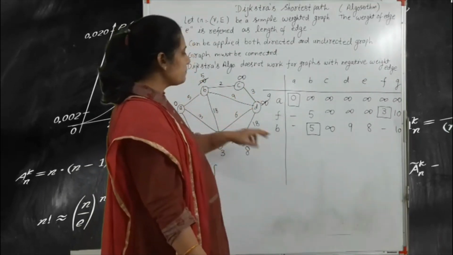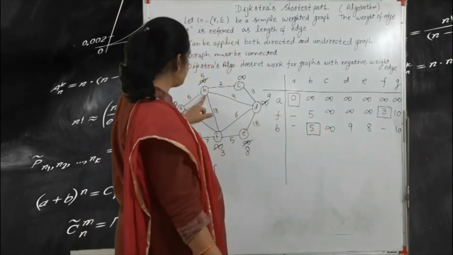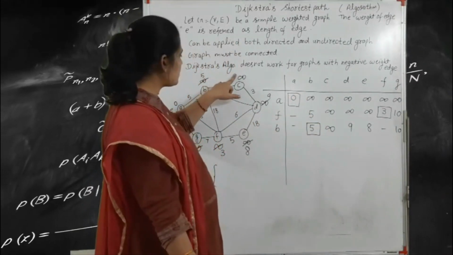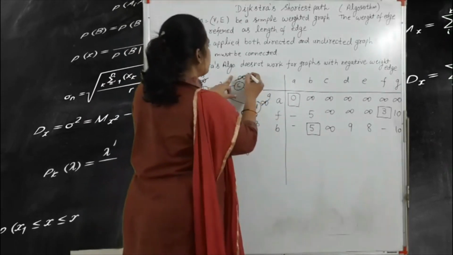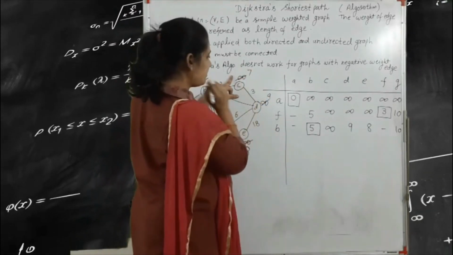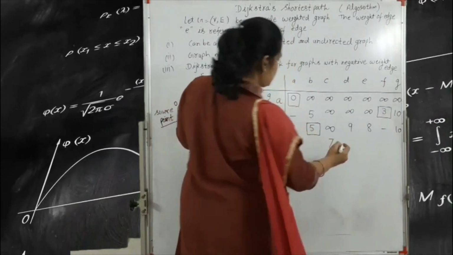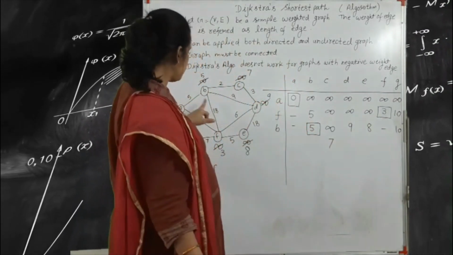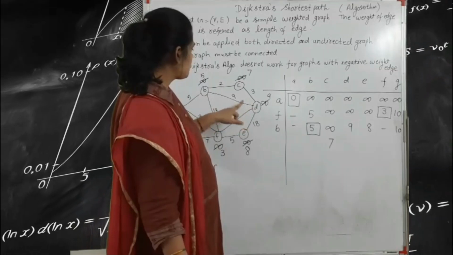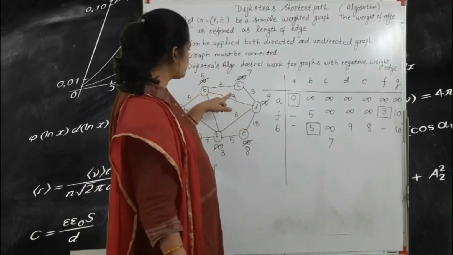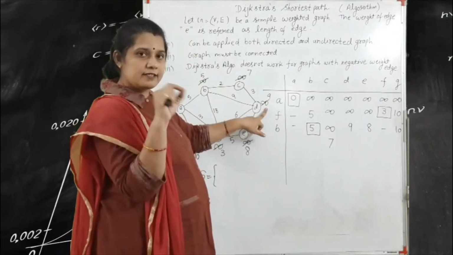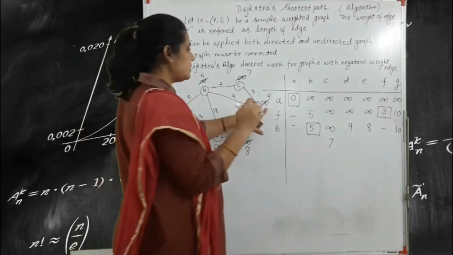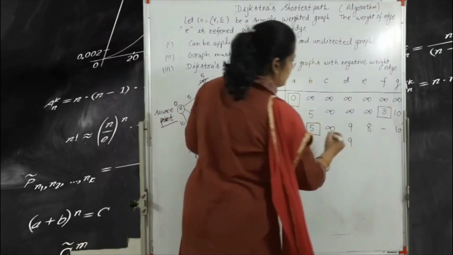Okay, so here B to C, that means 5 plus 2, 7, and here is the infinite value, so obviously 7 is less than infinite, so we write here 7. So B to C we write the 7. Got it? Next one is B to D. So B to D is 5 plus 9, 14. But here 9 is already written and 9 is less than 14. So here we write the 9 value as it is.